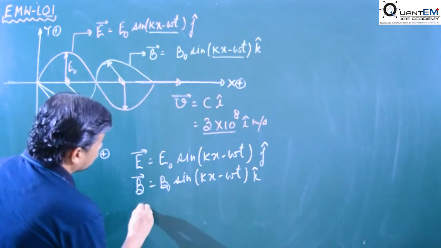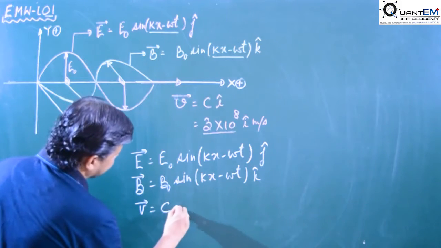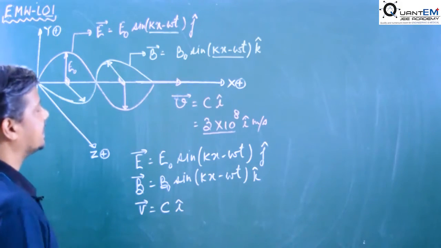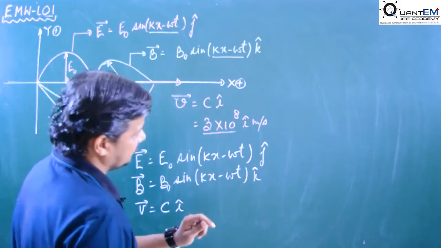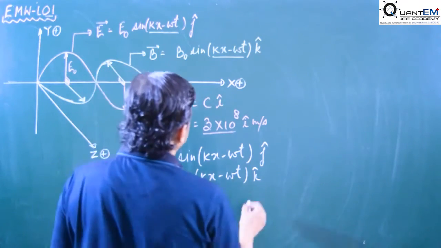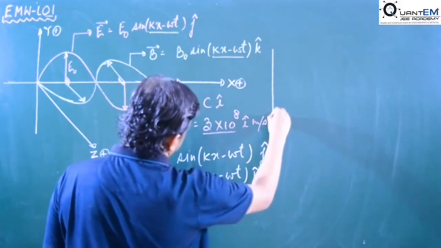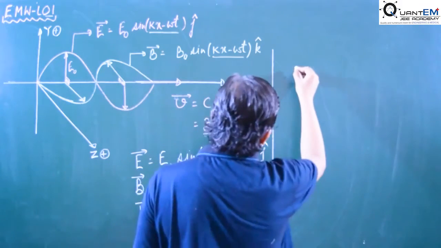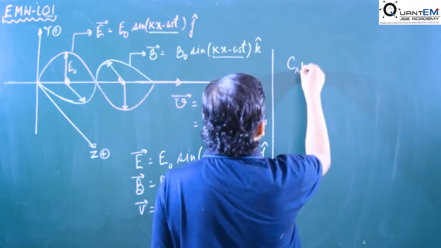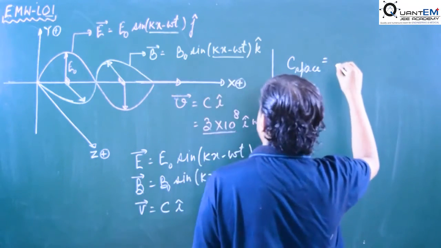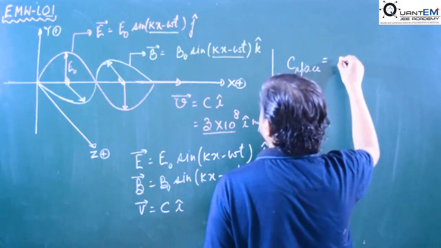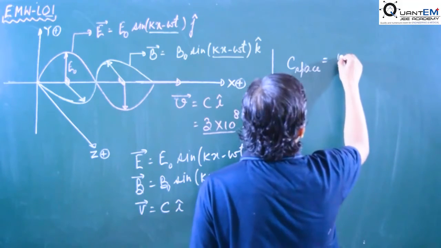And what about the velocity of light? That is c i cap. Okay, direction of propagation चूंकि नेगेटिव साइन है तो पॉजिटिव x कोऑर्डिनेट है. What is the value of c? c यहाँ पे तो स्पेस है हमारे पास, that is equal to omega by k.